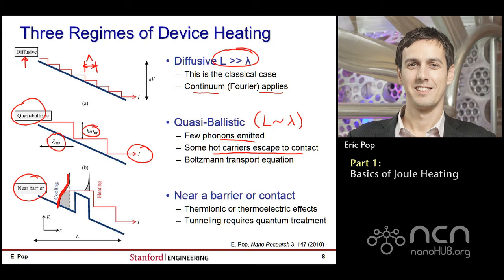When these electrons reach the barrier, the electrons with energy less than the barrier height will simply turn around, will be reflected. This is, of course, assuming that the barrier is not significantly thin, in which case tunneling would also contribute. So in this case, I'm considering purely thermionic emission over the barrier.